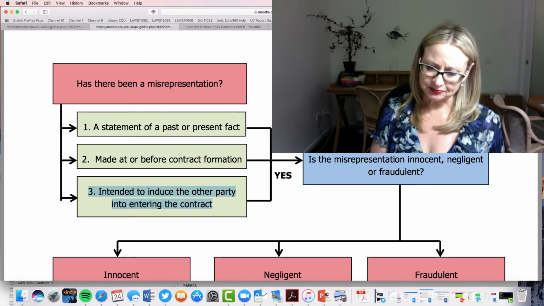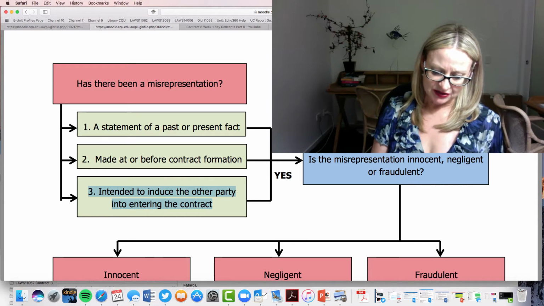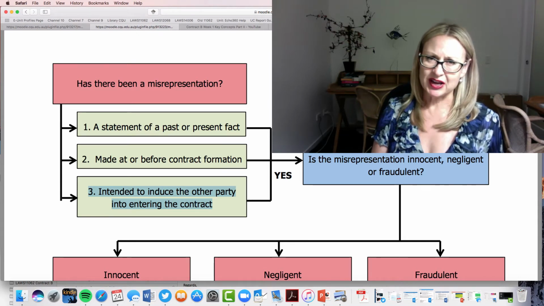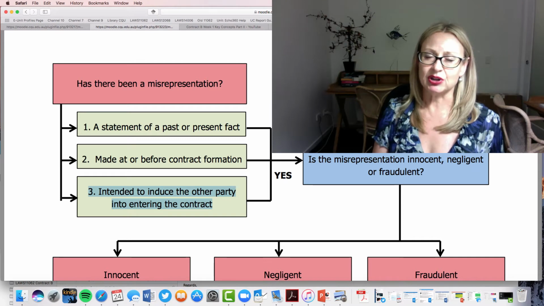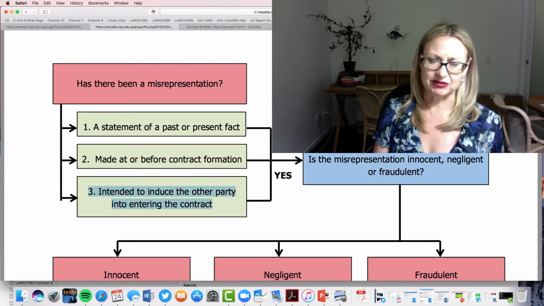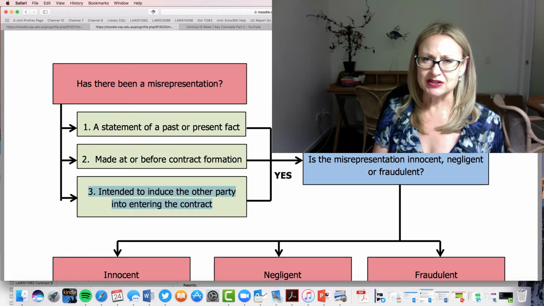And here we have an interesting case of Edgington and Fitzmaurice. In that case, this was the main issue, whether or not there had been reliance or sufficient reliance on the misrepresentation. And it was held in that case that it didn't have to be the sole inducing factor for the representee to enter the contract.